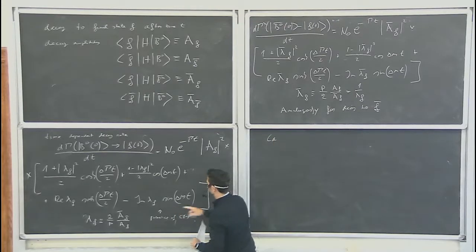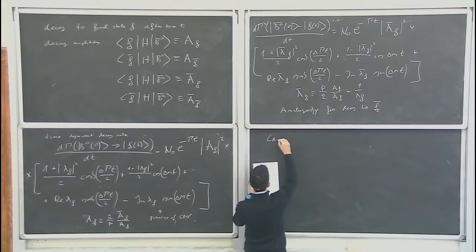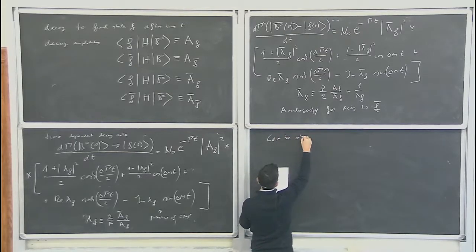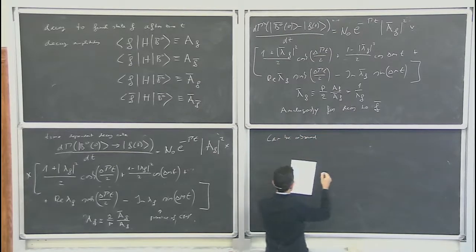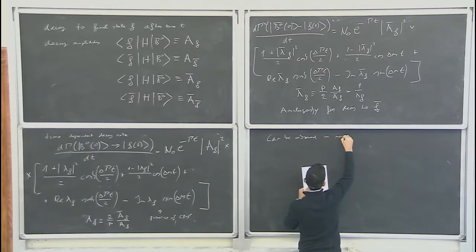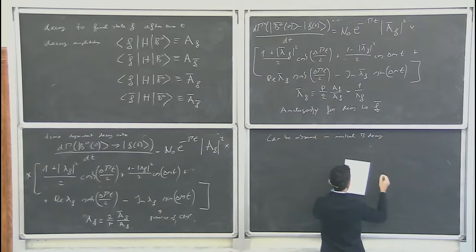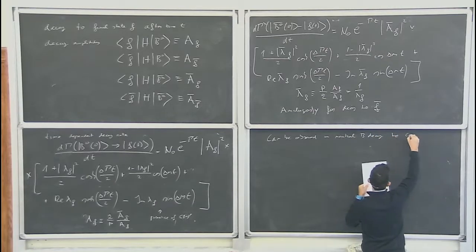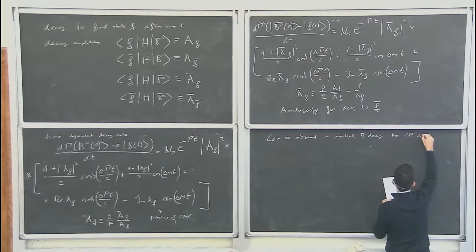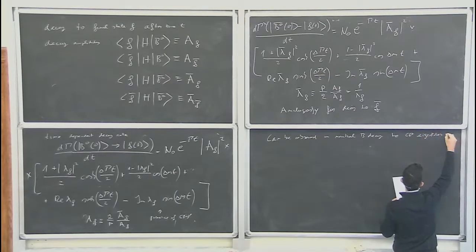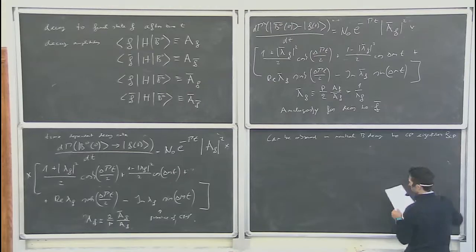So this term, our CP violation, can be observed in neutral B decays to CP eigenstates f, let's denote them with f CP.